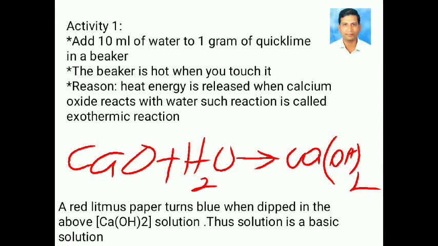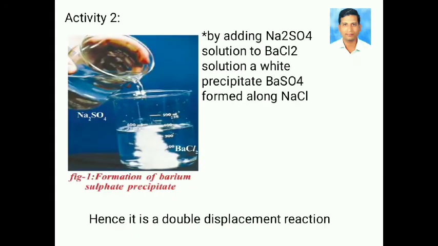Now let us test the nature of the solution with litmus paper. When a red litmus paper is dipped in the above solution, that is calcium hydroxide solution, it turns blue. Thus the solution has basic nature.